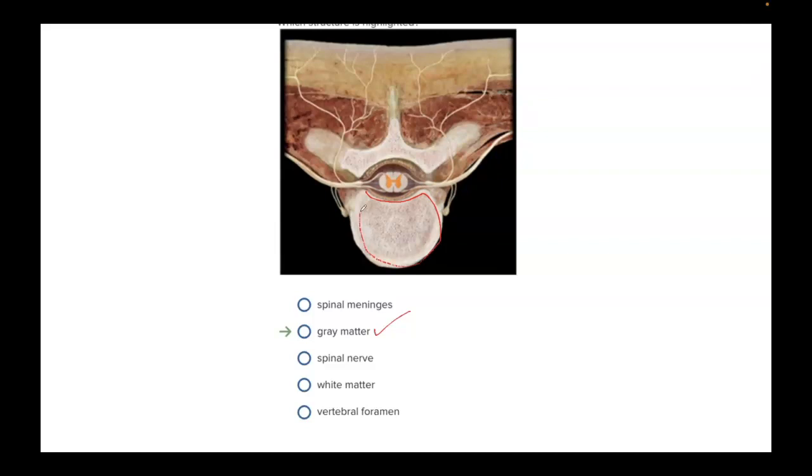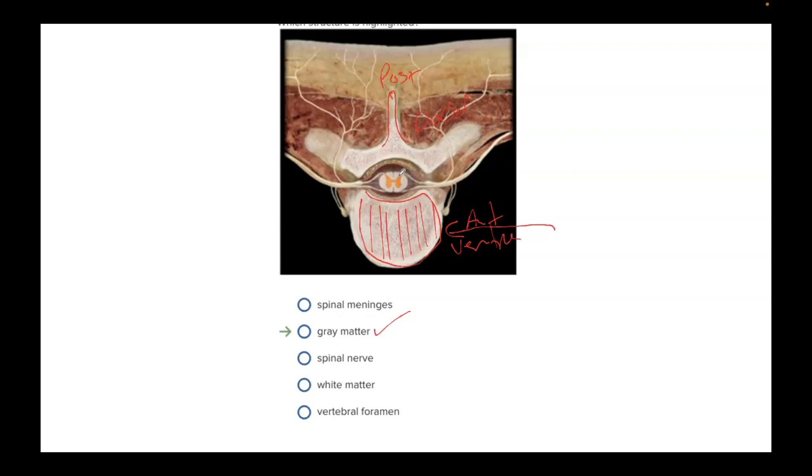So this is the vertebral body. The intervertebral discs would be here, which means everything on this side is anterior. This is the spinous process of the vertebrae. So that means back here is posterior or dorsal, and this is ventral.